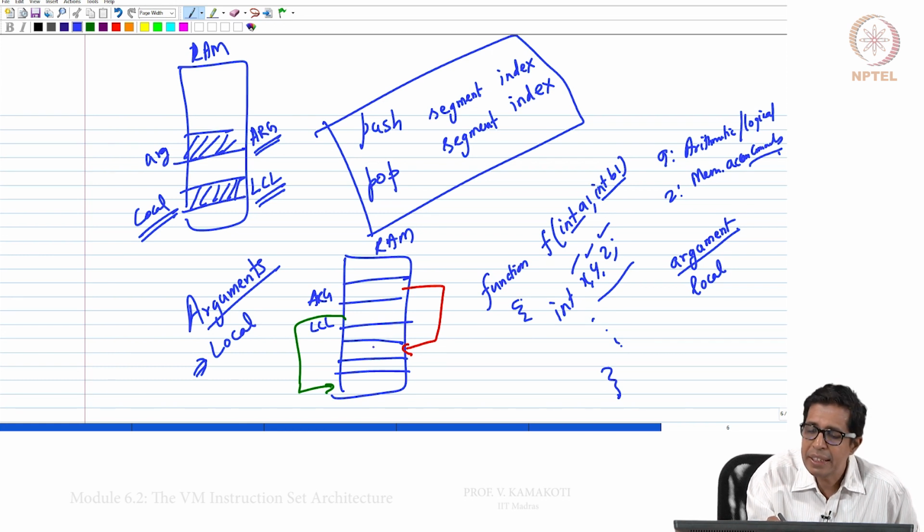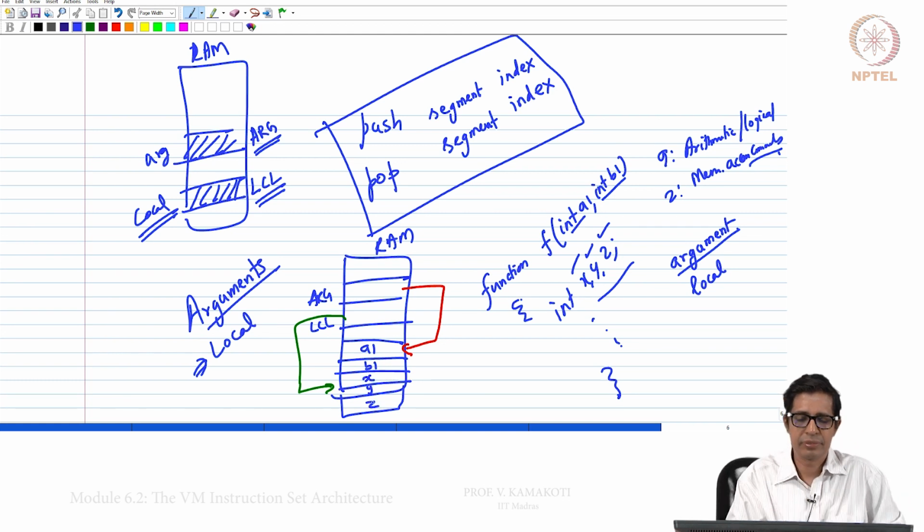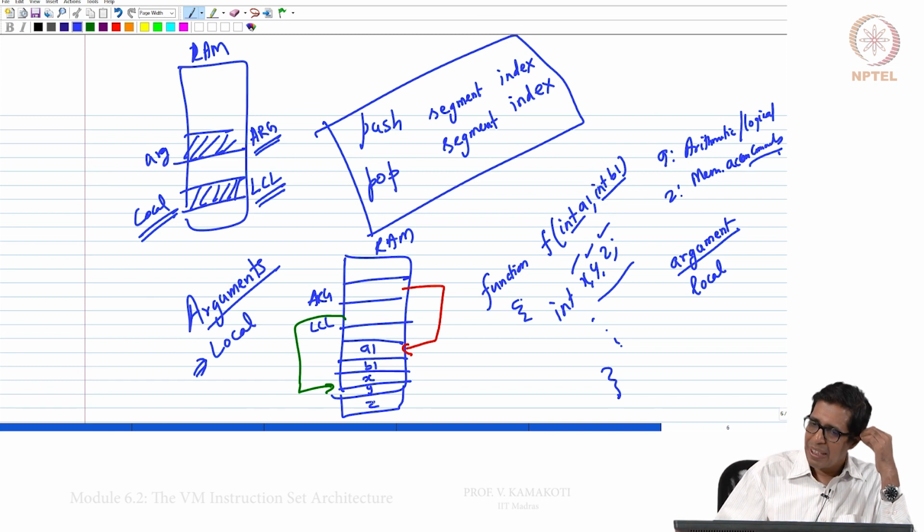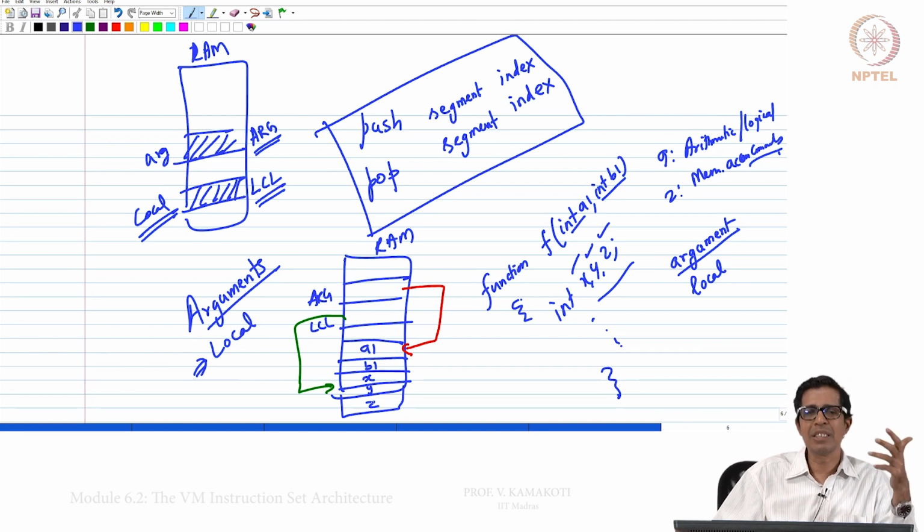For arg, I will be storing the values of A1 and B1, and in local I will be storing the values of X, Y and Z. That is what I mean by a segment. A segment is a piece of memory created by the operating system for the function to store its parameters and local variables.